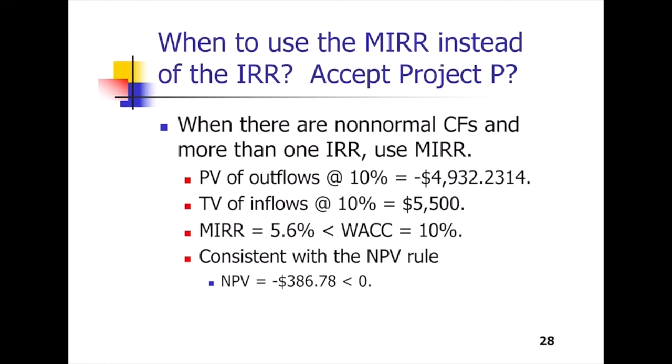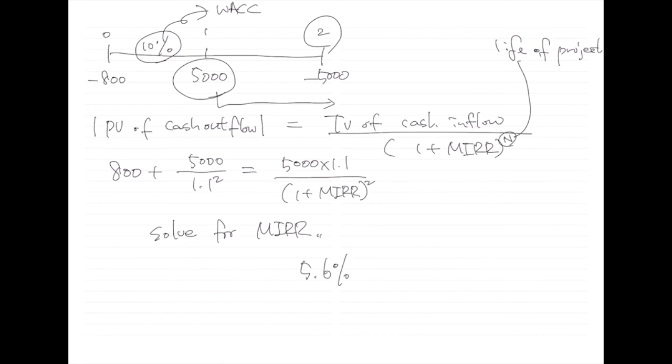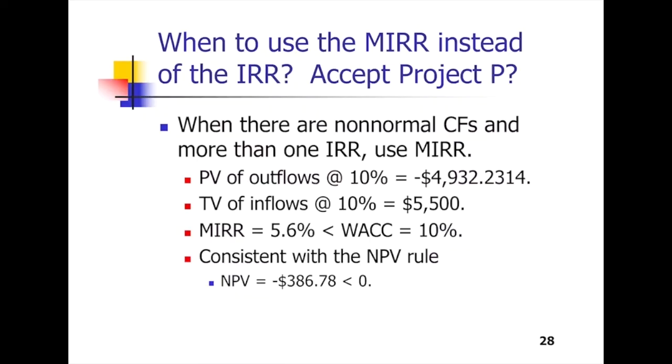Yeah, the project P case, this example, right? MIRR is 5.6% and WACC is what? 10%. In this case, can we accept or reject this project? MIRR is kind of the expected rate of return.